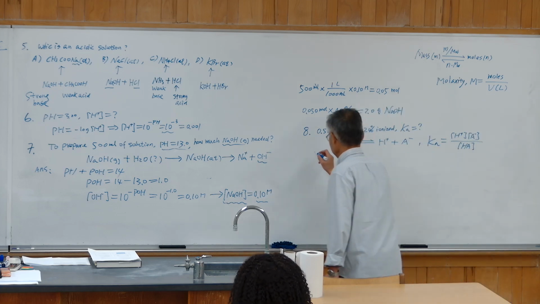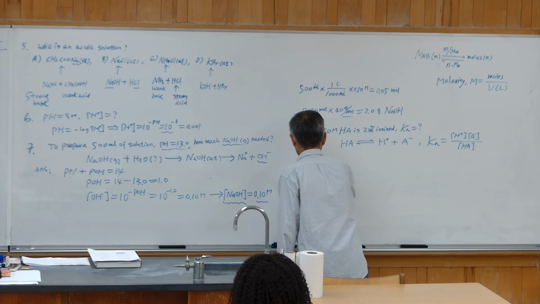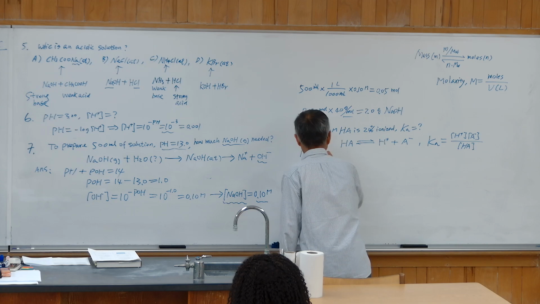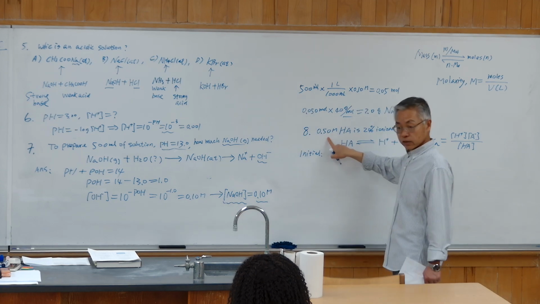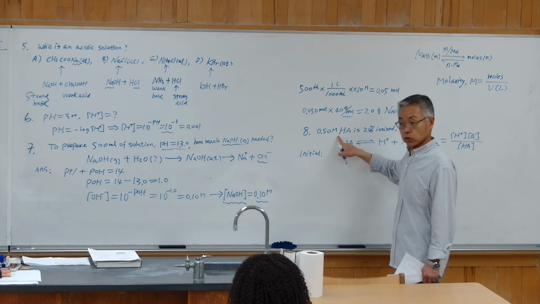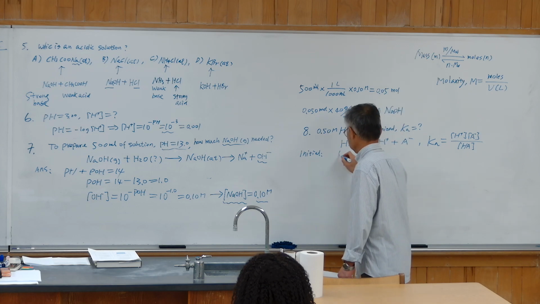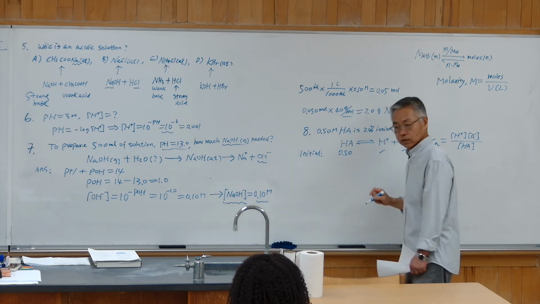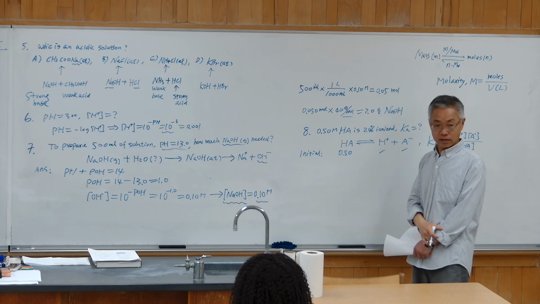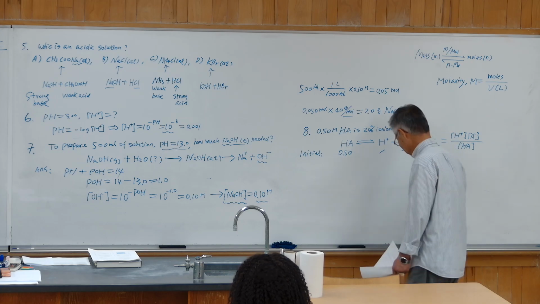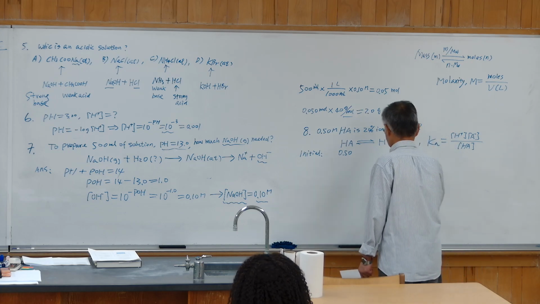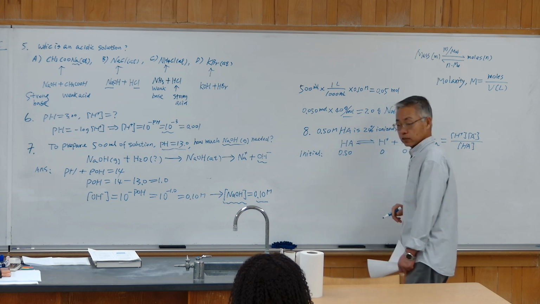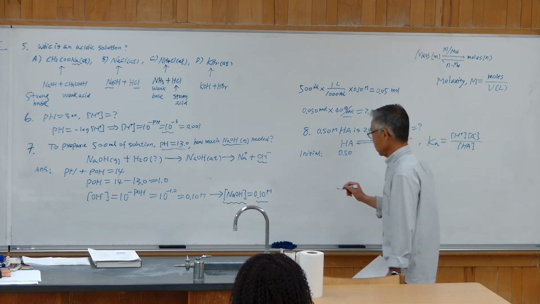Then you need a table. Initial: 0.5 molar HA, so the initial concentration of HA is 0.5. Initially, nothing for hydrogen and A minus; you can label them 0. Then how much change?